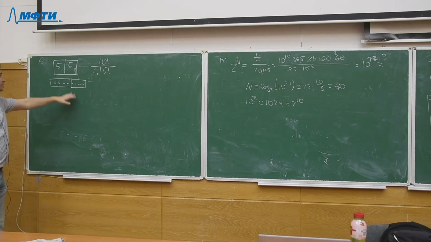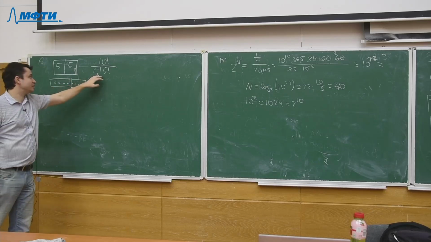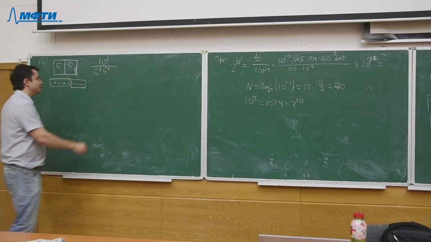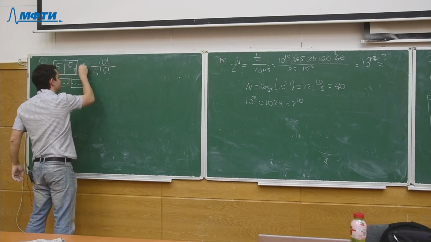So I get my microstate. And of course, my microstate wouldn't change if I make a permutation of molecules within these 5, here and here. So I need to divide by 5 factorial twice. So that's the statistical weight.